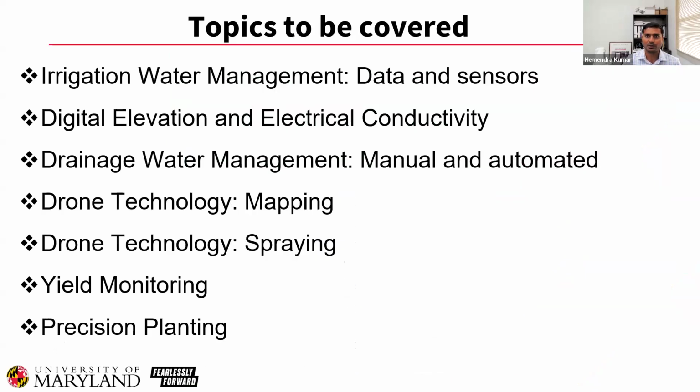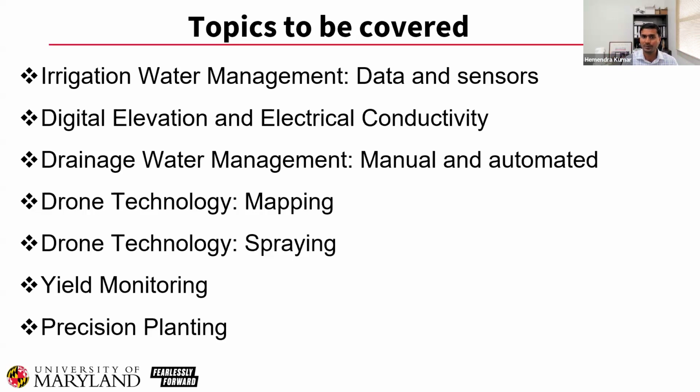So the different topics I will dive into are most of the topics that we have been working with, or we deal with. For example, irrigation water management is one of the areas where I focus most. Then it comes to the digital elevation and electrical conductivity of the fields. I'm not talking in general, but about the field where you have your cropping system.